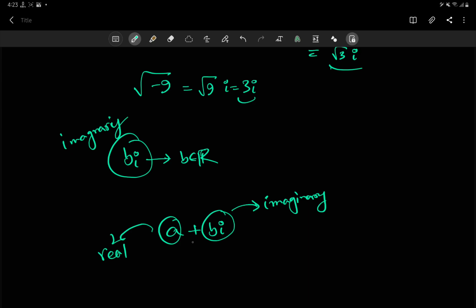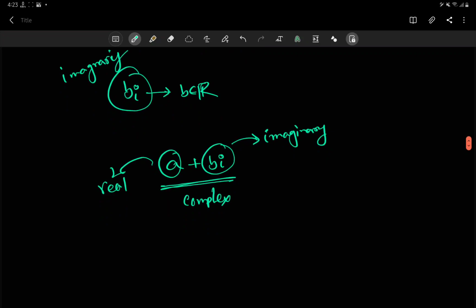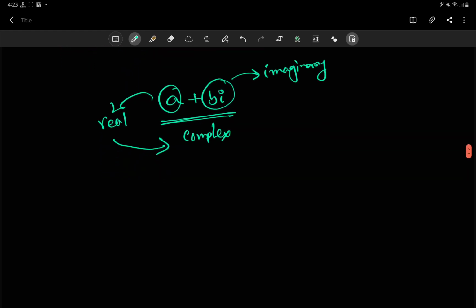So this whole thing is called a complex number. And complex numbers are basically a general superset of real numbers in a sense. Real numbers are just a subset of complex numbers, and there are higher structures, but for now we are interested only in complex numbers.